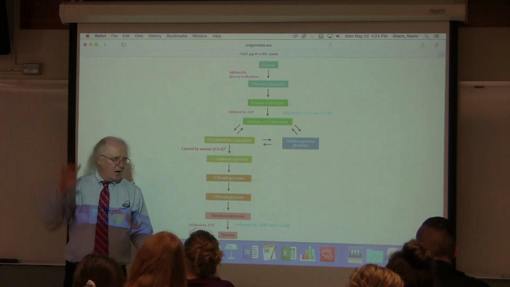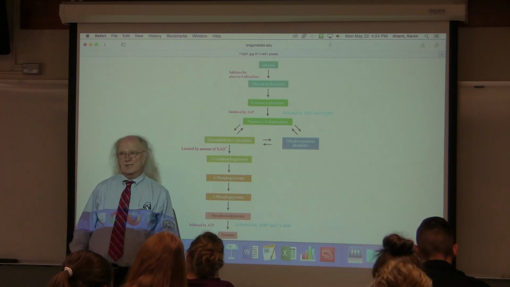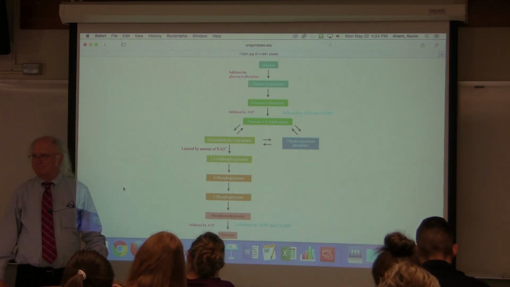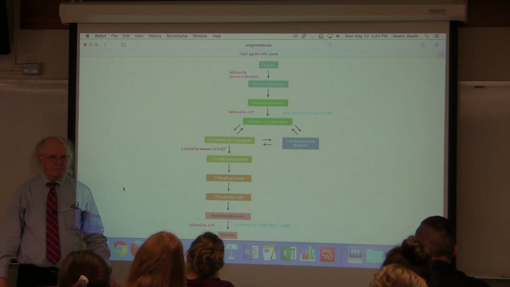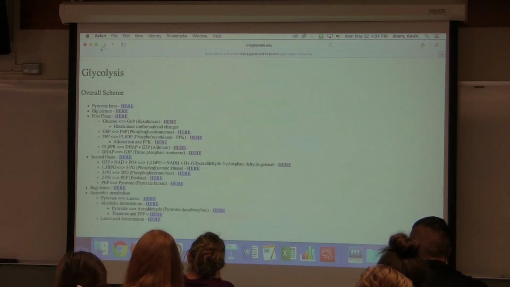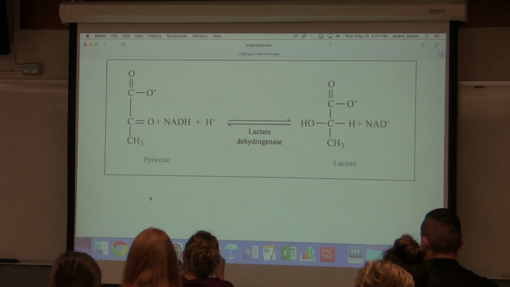But the temperature in a cell like in our body doesn't change significantly as a consequence. But yes, it has a very minor effect. Okay, other questions? Cool process.